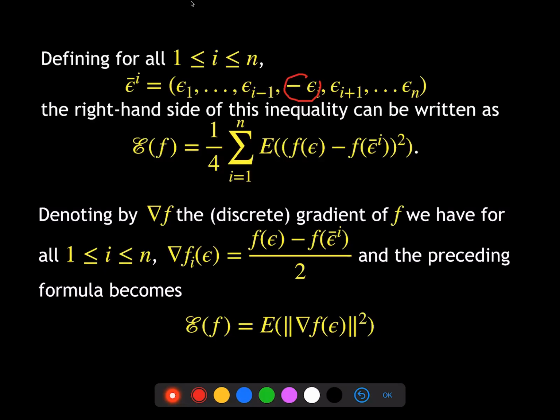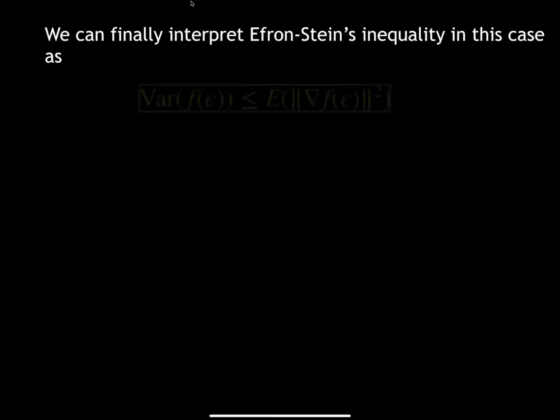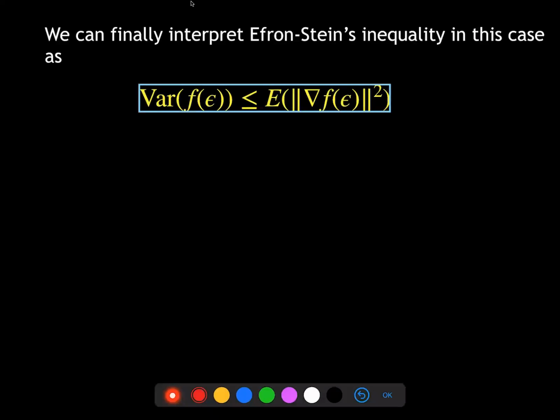And so the preceding formula says that the energy quantity is just equal to the expectation of the norm square of the gradient. So you have a nice interpretation of Efron-Stein's inequality in this case. It tells you that the variance is controlled by the expectation of the norm square of the gradient.